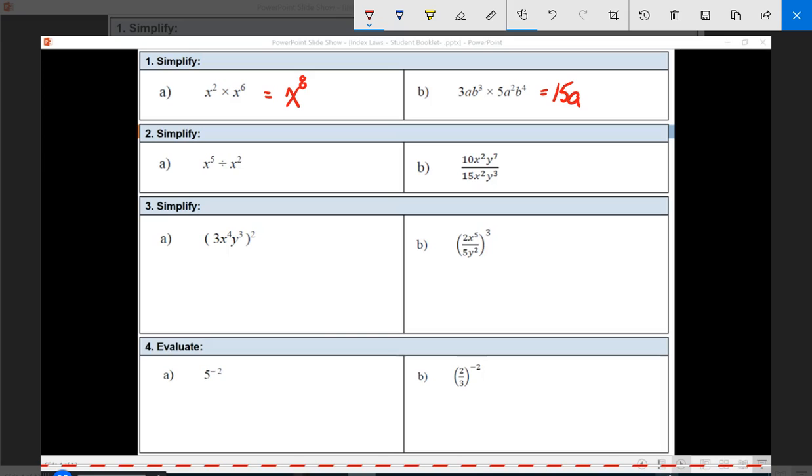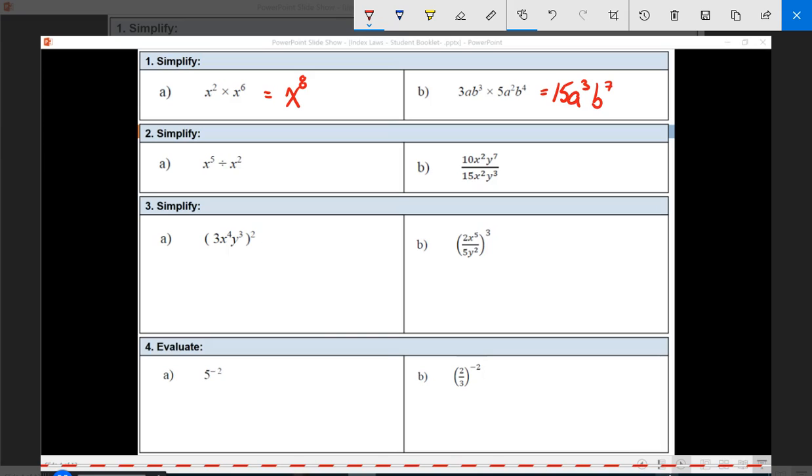What power does it have? 1. So that's a to the power of 1. So when I multiply the a's together, it's a to the 1 times a squared, and that's a to the 3. And it's b to the 7.